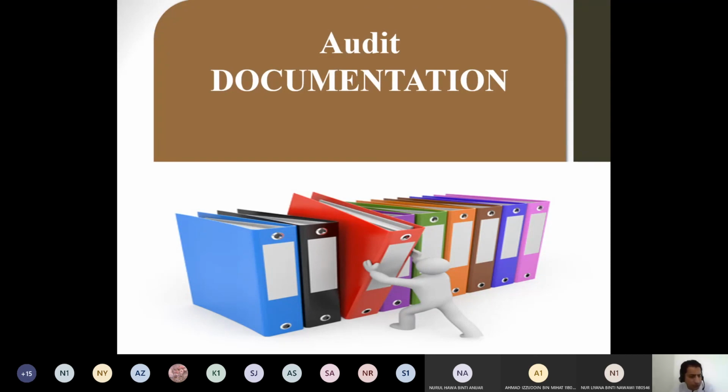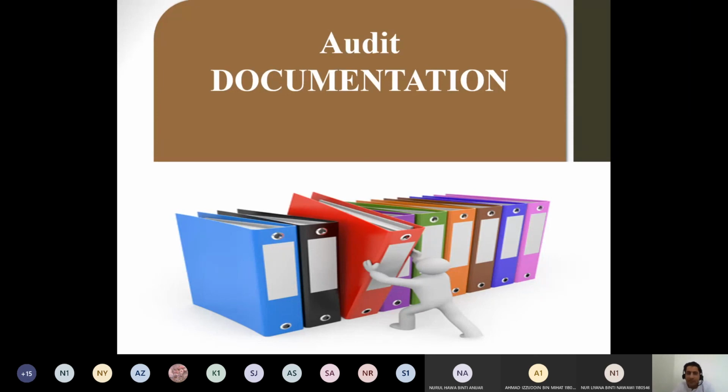Students need to differentiate between documentation evidence and audit documentation. Documentation evidence is where the auditor collects evidence in terms of documents that help the auditor shape their opinion, whereas audit documentation is the documents that the auditor uses in the auditing process.